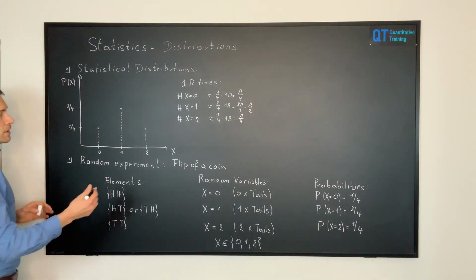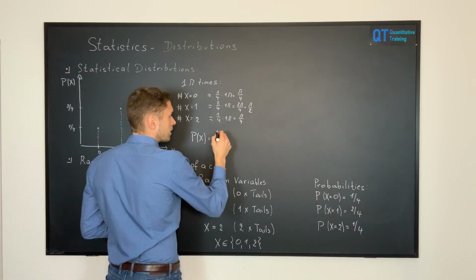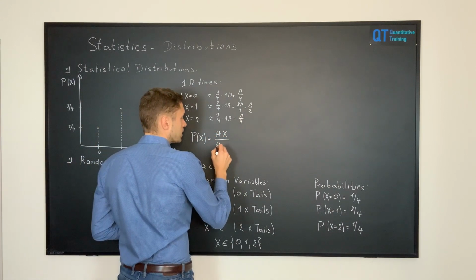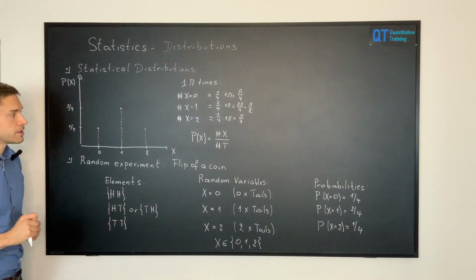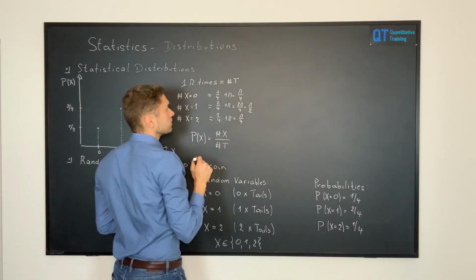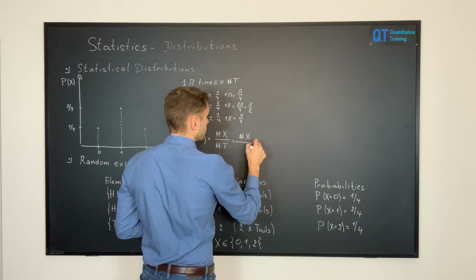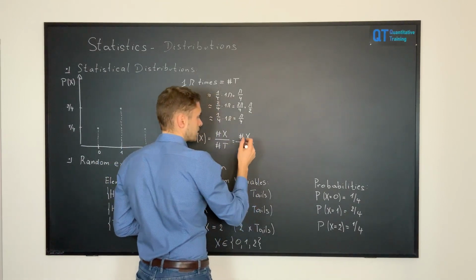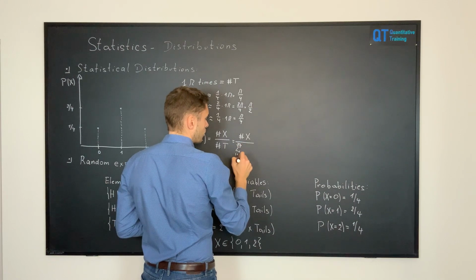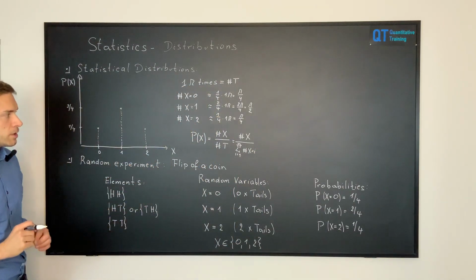What we can mention here is that in general the probability of some random variable x corresponds to the number of times that this random variable x occurs, divided by the number of times the random experiment t is repeated. That's just an additional remark.